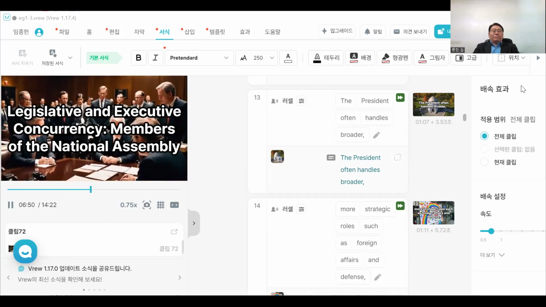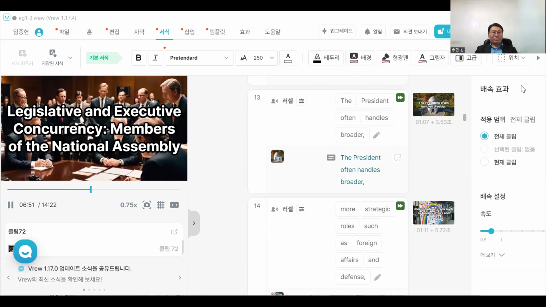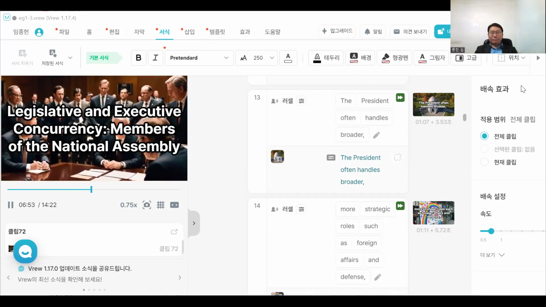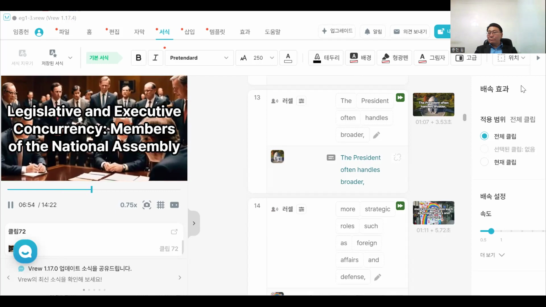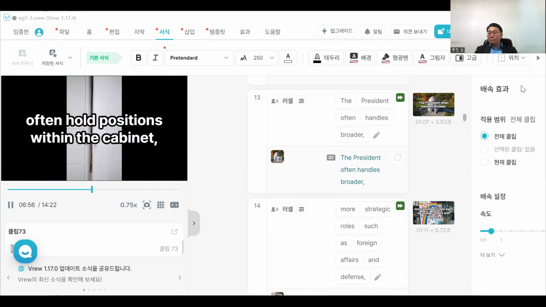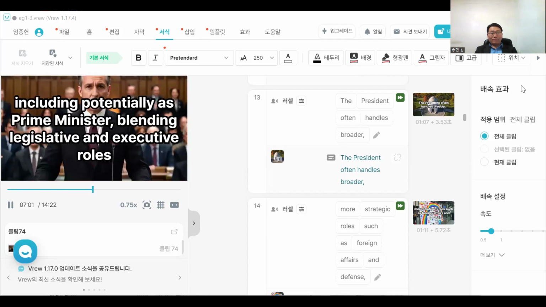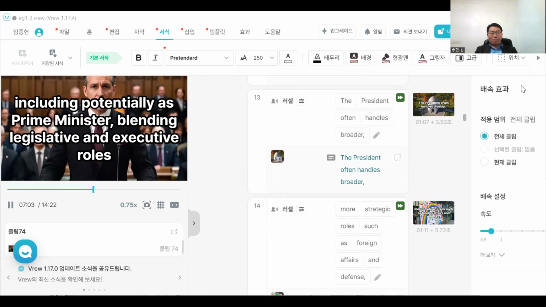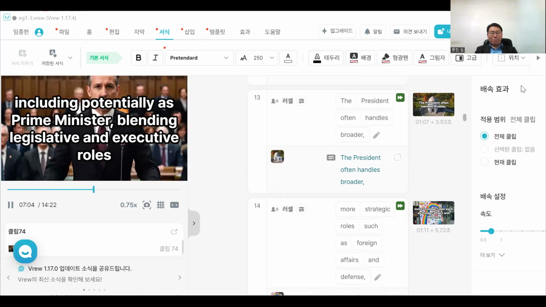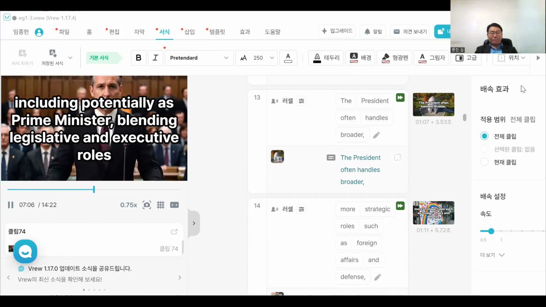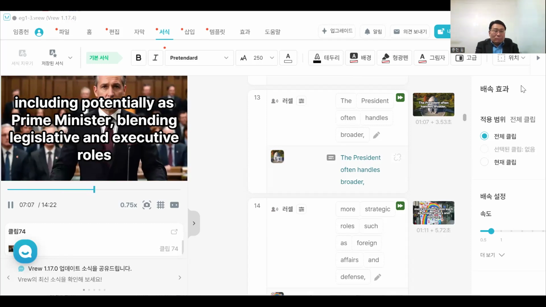Legislative and executive concurrency. Members of the National Assembly often hold positions within the cabinet, including potentially as prime minister, blending legislative and executive roles.